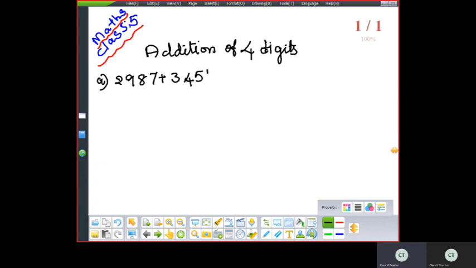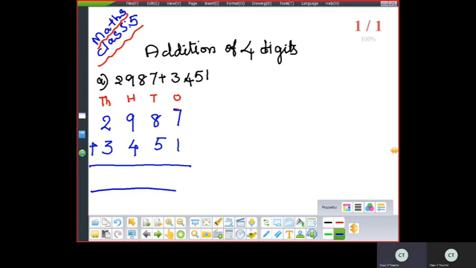So let me write in the places 1, 10, 100, 1000. 7, 8, 9, 2. 1, 5, 4, 3. So now I have arranged it in the places. Now let me do the addition part.